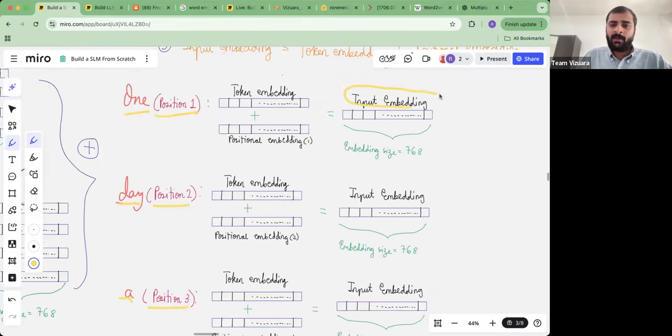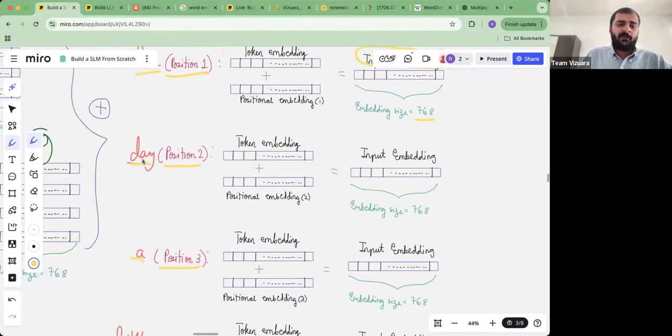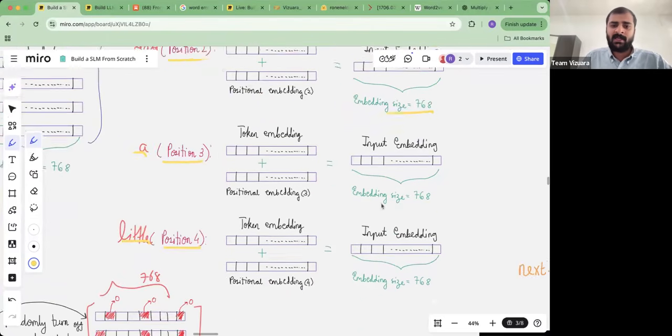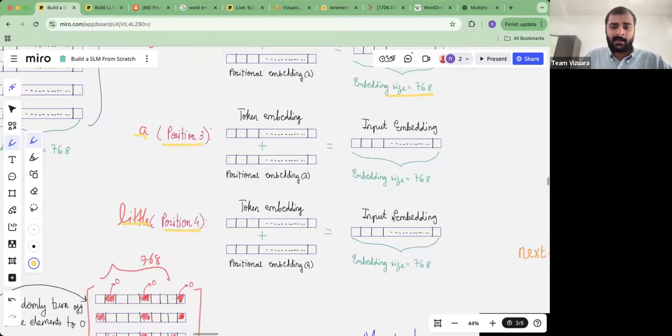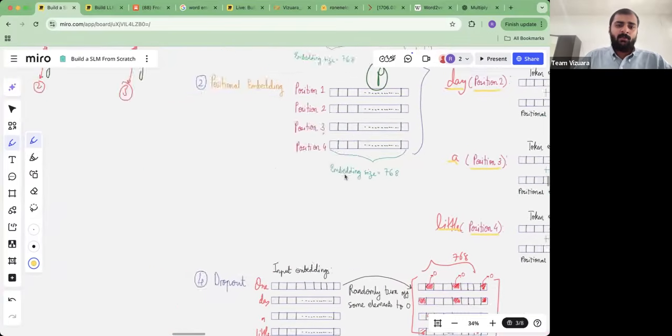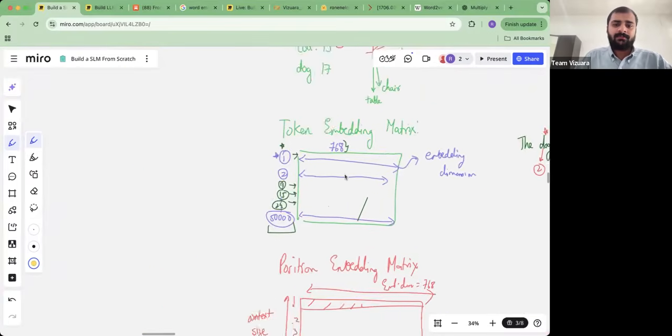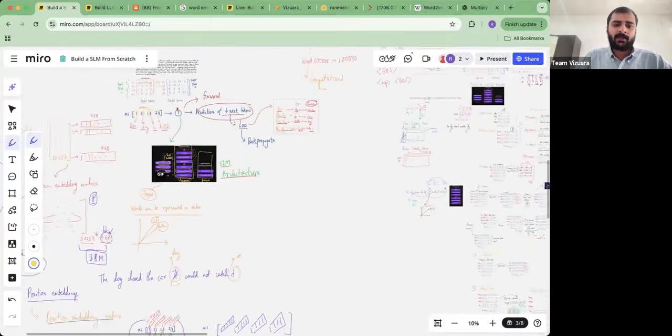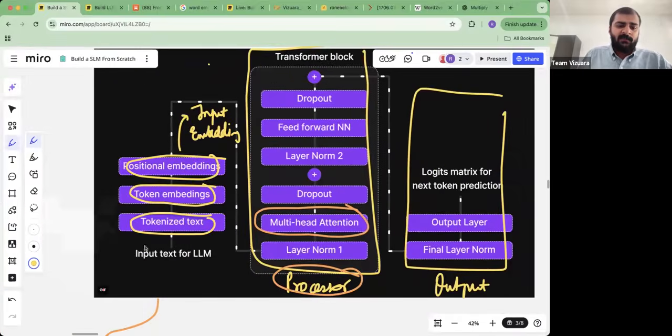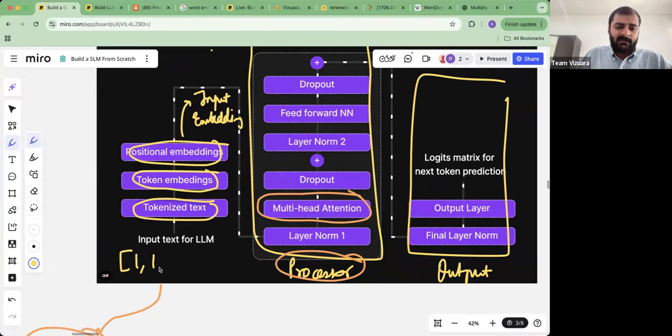That gives an input embedding of size 768. For day, it's at position number 2. Token embedding plus position embedding gives me an input embedding of size 768. Similarly for a and little. So by the time we go to the processor block, each of these 4 tokens is now a high dimensional vector.